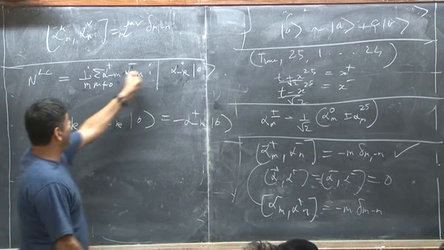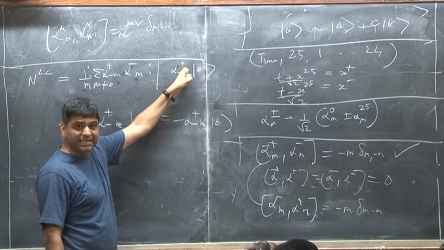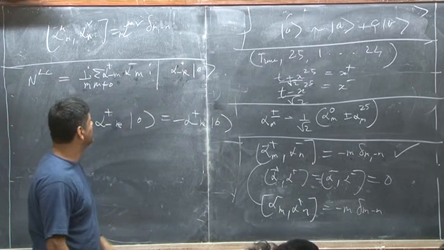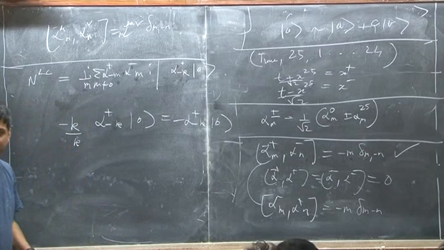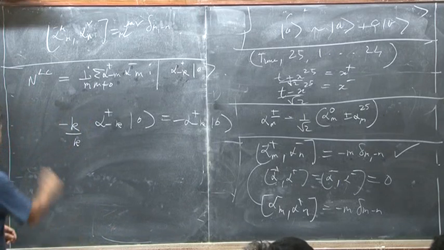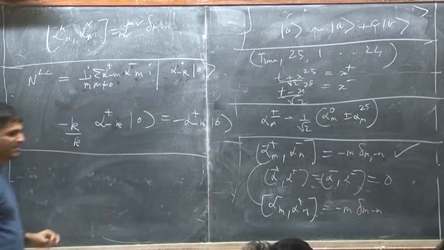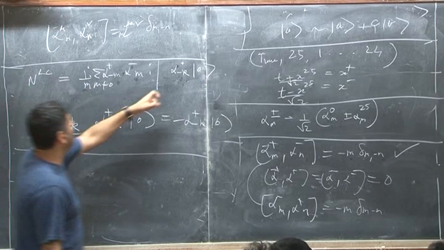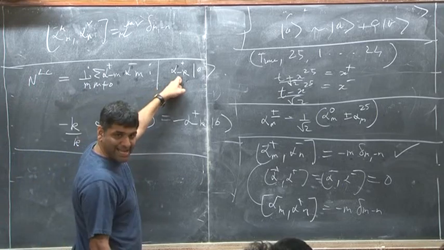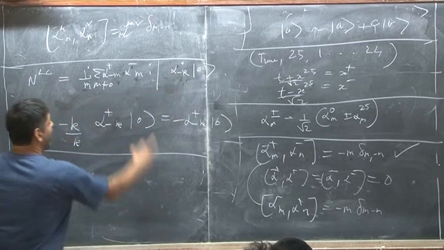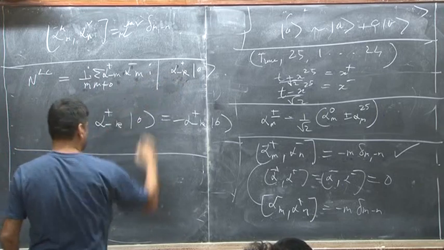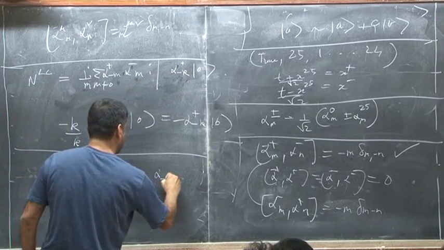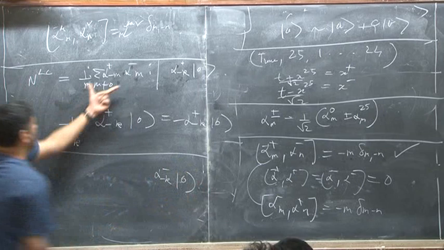On the other hand, suppose we act with this on alpha minus k of minus on 0.